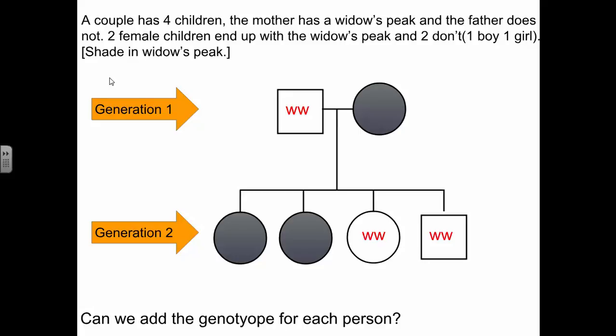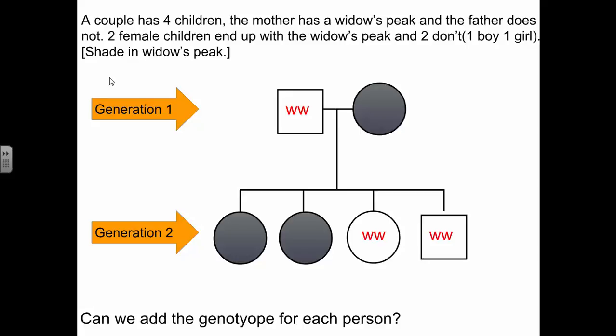But as we've talked about, when you have the dominant trait, it's a little bit more challenging to figure it out. So if you have the dominant trait, we know at least one of your letters. What is it? Capital W. Now the other one could be an uppercase W, or it could be a lowercase w.